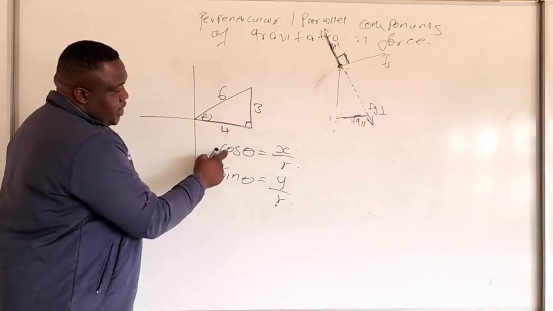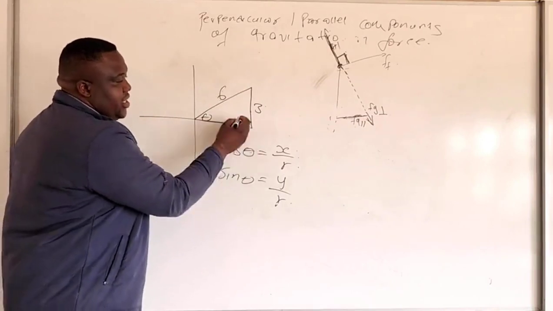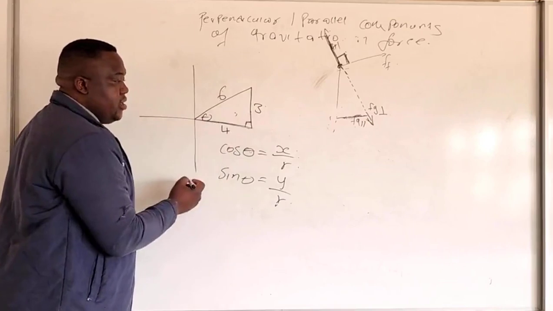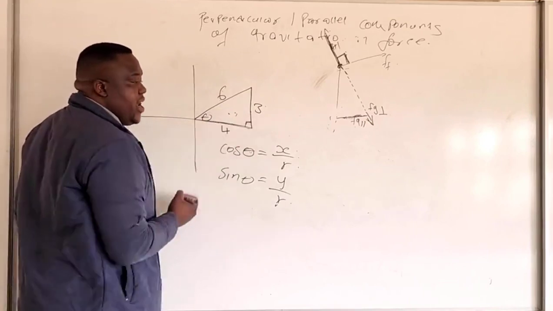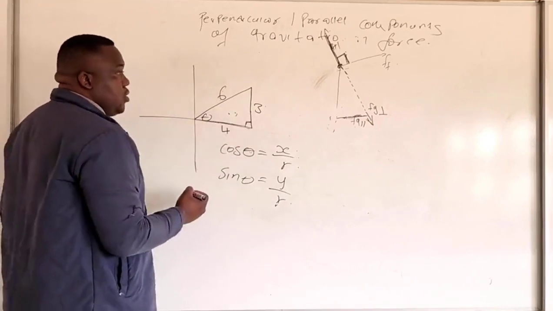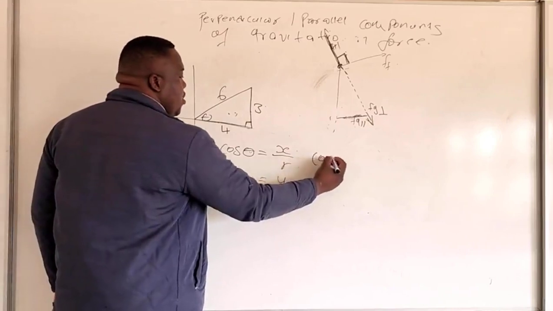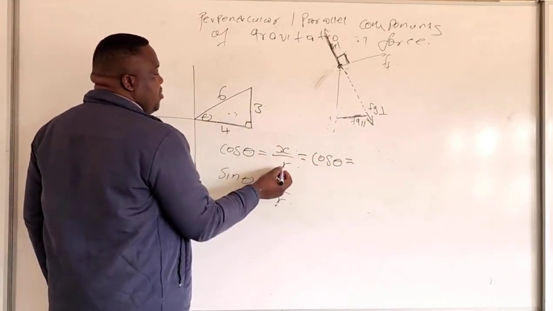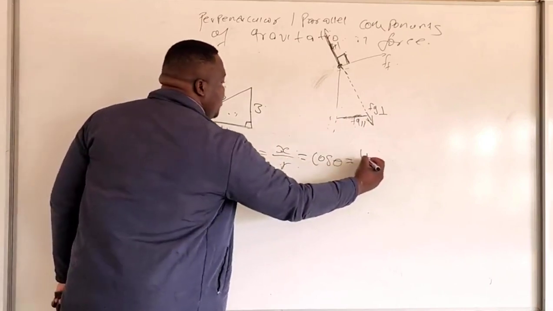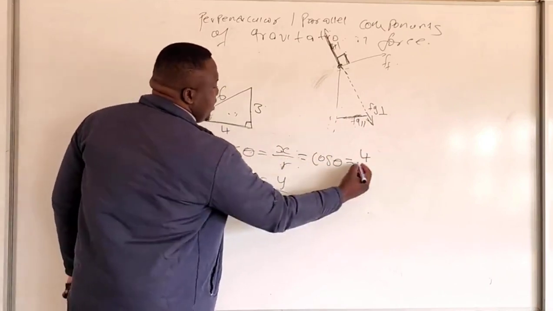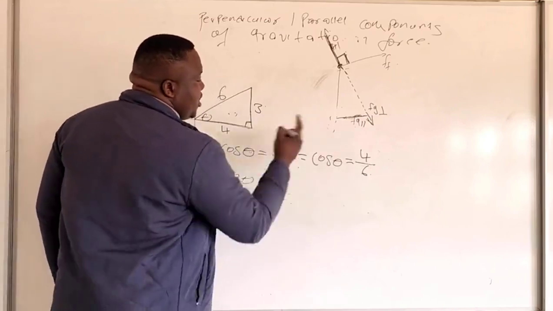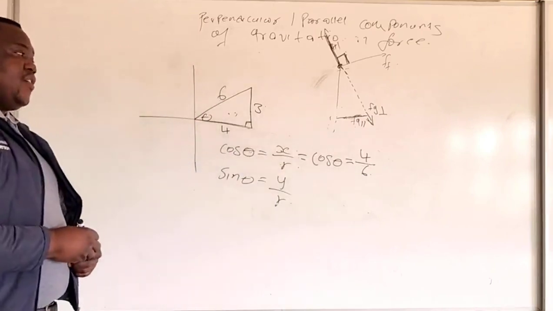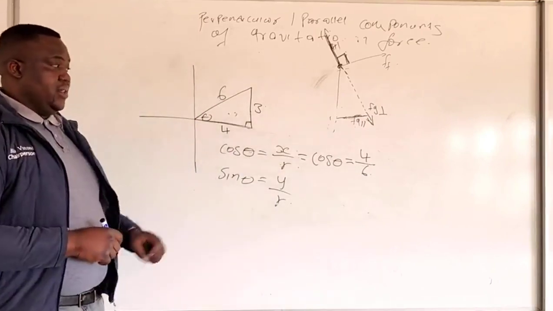Let's say we want to find cos theta of this triangle. Cos theta for that triangle will become x over r, where x is 4 and r is 6. So cos theta for that triangle will become 4 over 6. Can you see?